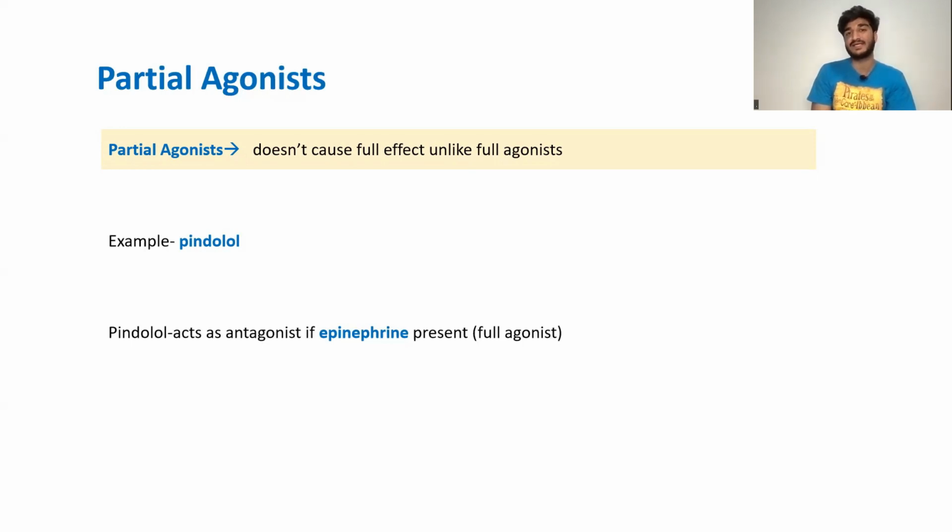Means we will not get the full response of the agonist. In the example of pindolol, we see that it does not achieve the full action or the full response. And when epinephrine is present as a stimulant, increasing the activity of the beta receptors, then we see pindolol will be acting as a full antagonist.